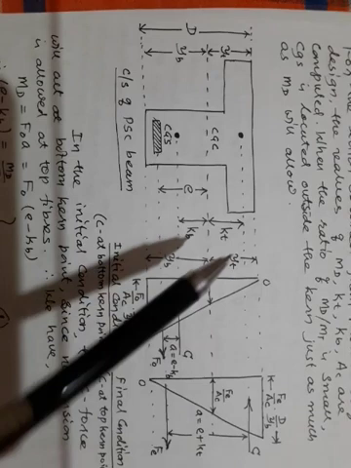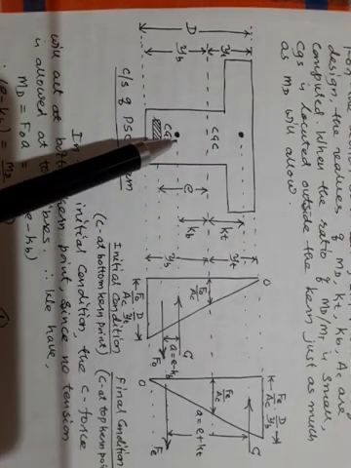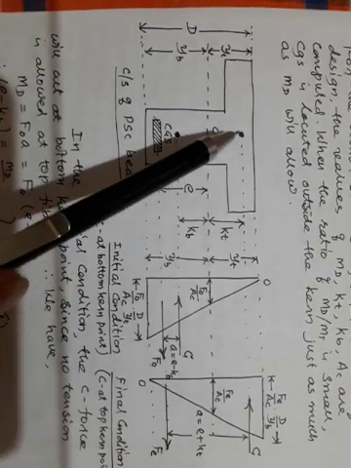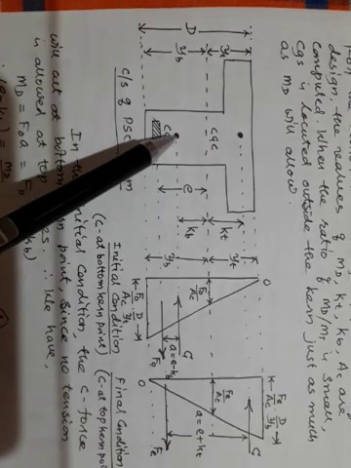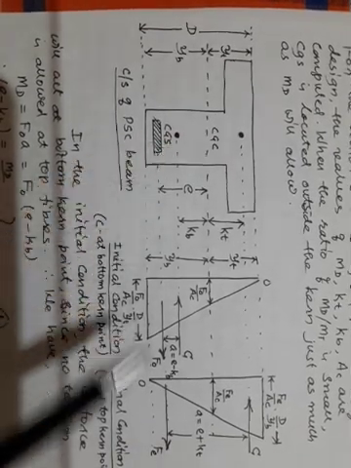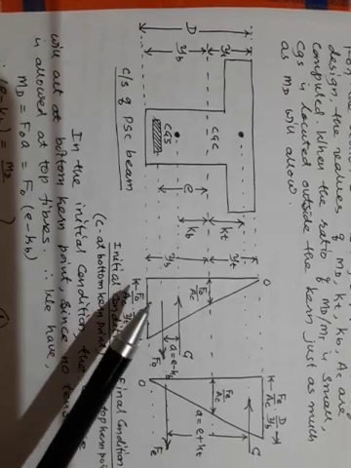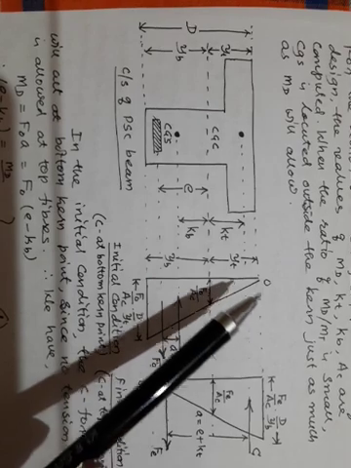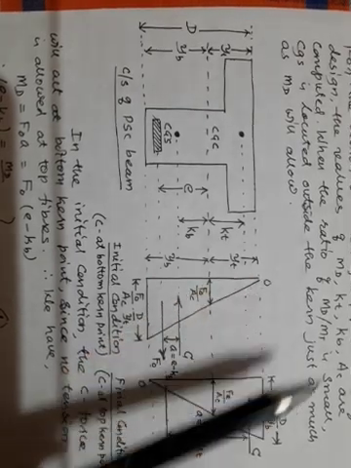So here I should not allow my C force to act beyond this point or beyond this point. Your C force should act only within this range. Then only I can assure you that the tensile stress does not exceed its permissible value, or it will remain zero.